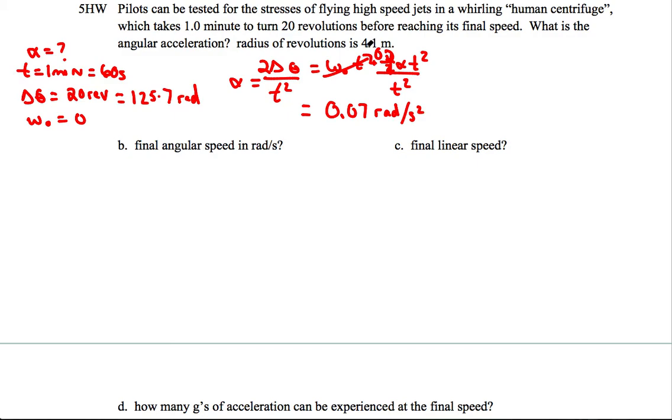And I'm going to change this a little bit. Nope, never mind. The final angular speed, well, there are a couple of different ways I could do this, but I think the most obvious way is your average angular velocity.